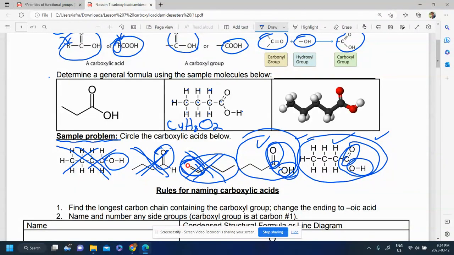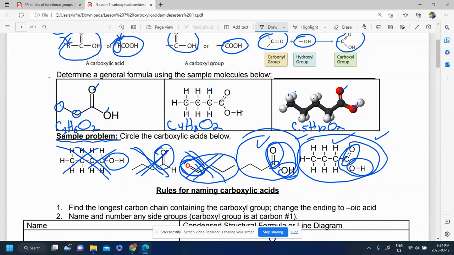Over here, there's C1, 2, 3. There must be 3 H's here, 2 H's over here, that's 5, none here, so 6. C3H6O2. Over here we have C1, 2, 3, 4, 5, H1, 2, 3, 4, 5, 6, 7, 8, 9, 10, O2.